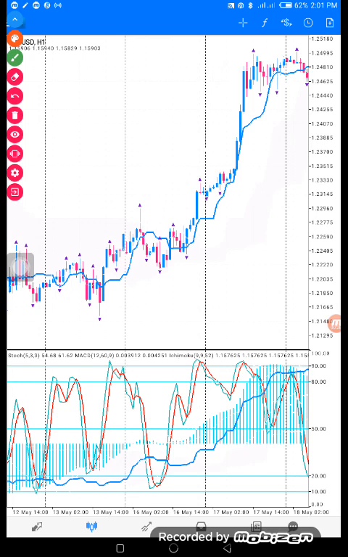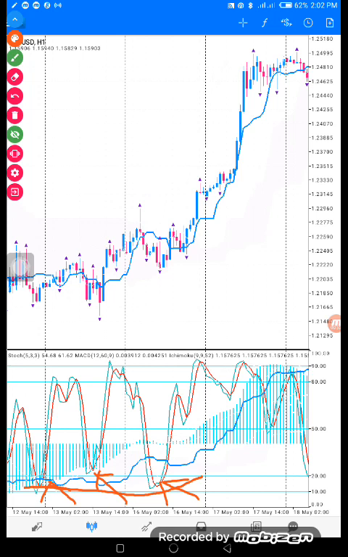You understand? If the Ichimoku is in this oversold area, you'll be looking for a stochastic crossover in the oversold area, like this one here. That's what you'll be looking for to place your trade, because of where the Ichimoku is.